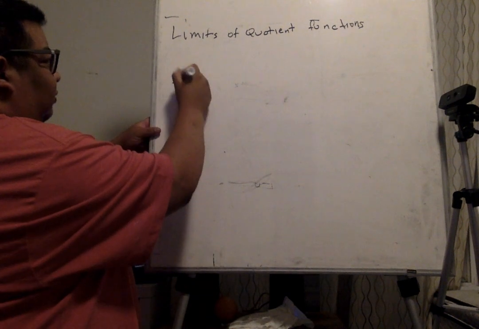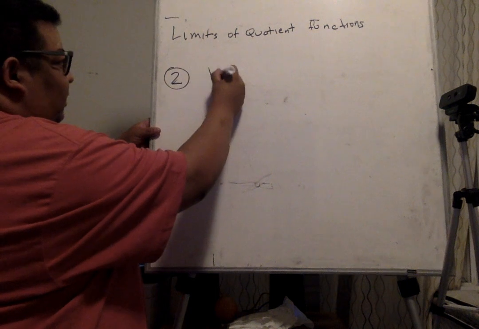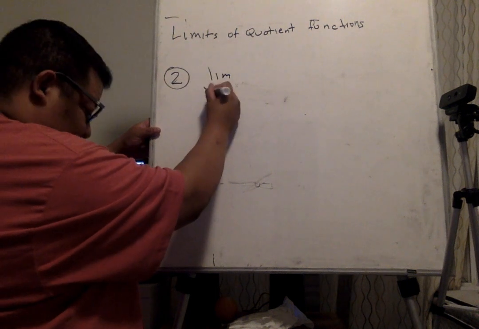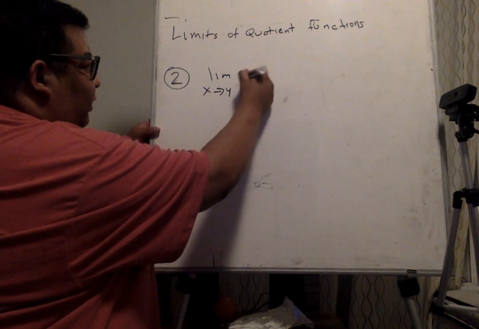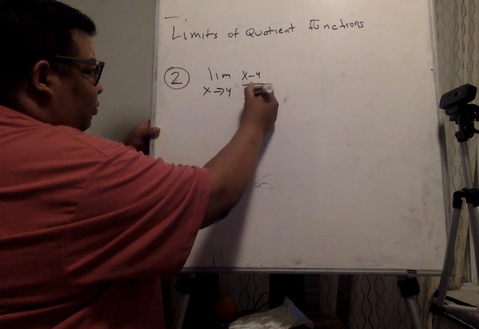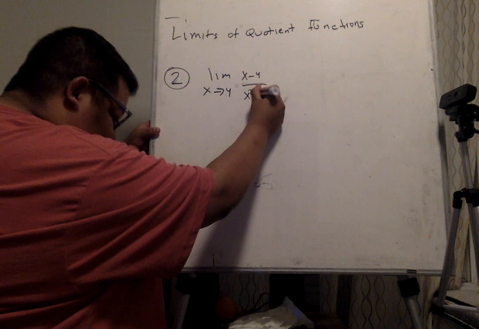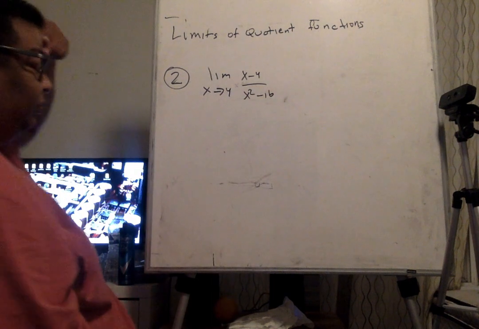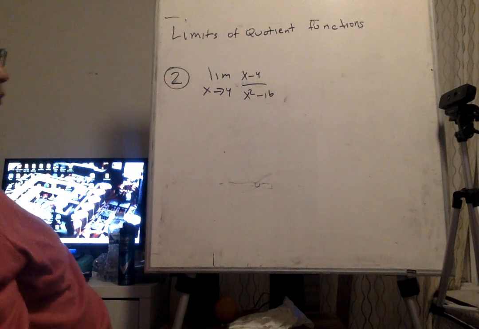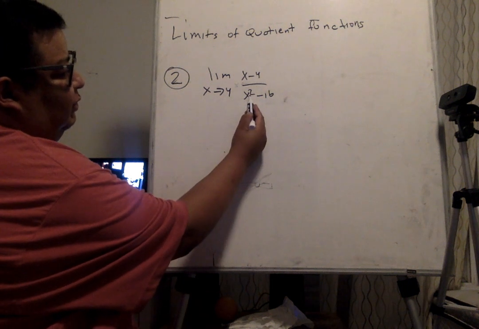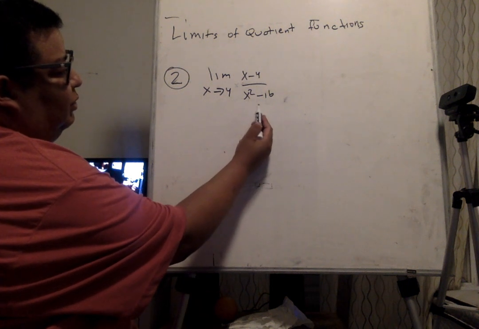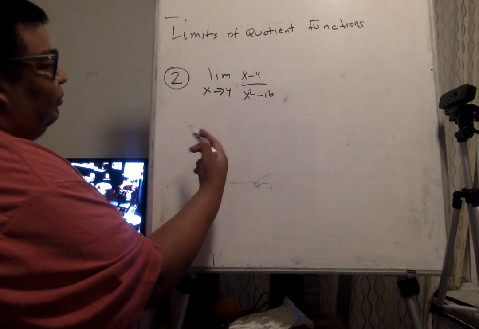Next example says that limit as x approaches 4 of x minus 4 over x squared minus 16. Notice if we plug in 4, we're gonna get 16 minus 16, we'll get a denominator 0, so we can't do it that way.